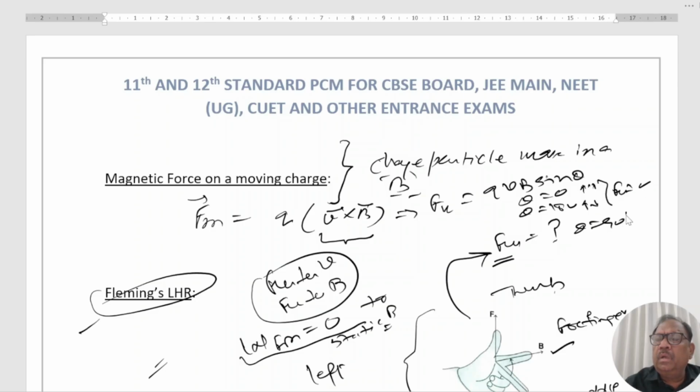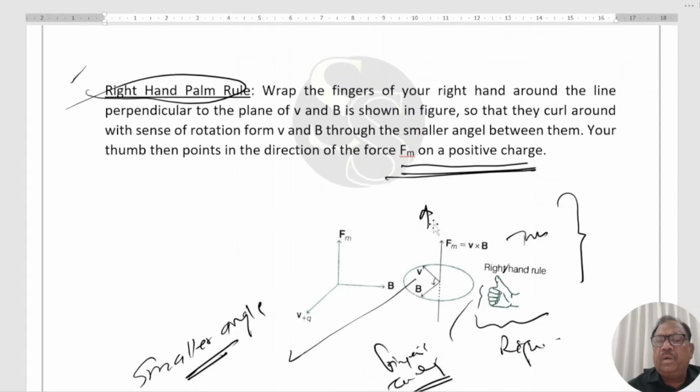Theta equal to 90 degrees, Fm is maximum, right? This is all about the concepts of a charged particle moving in a magnetic field, right?